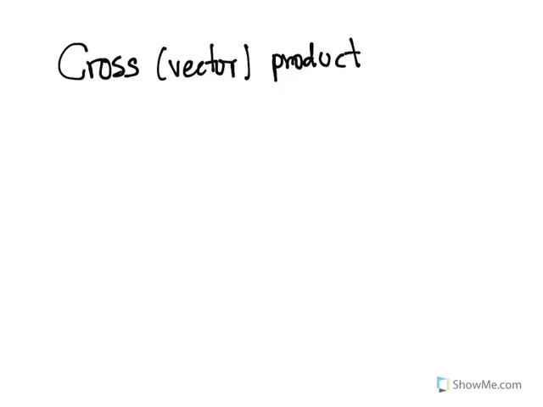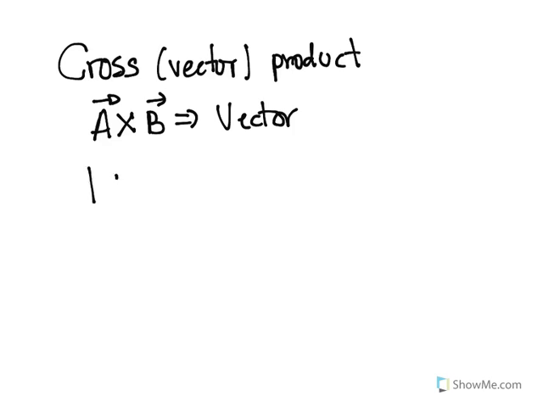There is another kind of product when working with vectors, and for instance, this is the cross or vector product. It's called a cross product because if we have vector A and vector B and we multiply, the symbol we use is a cross, and it's going to be a vector because this will lead to a vector and not to a scalar, such that the answer, for instance, has a magnitude.